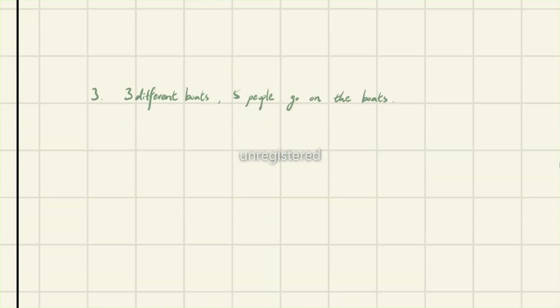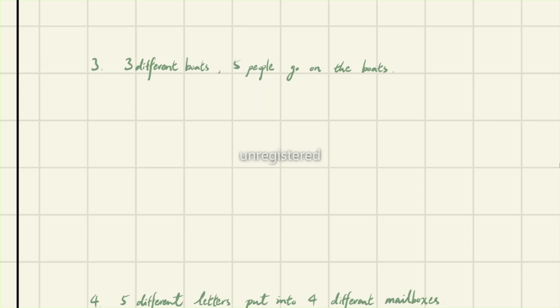For the third question: 3 different boats, 5 people go on the boats. What are the possibilities? Each boat can have multiple people on it, but a person cannot be on different boats simultaneously. So we have 5 people and 3 boats.